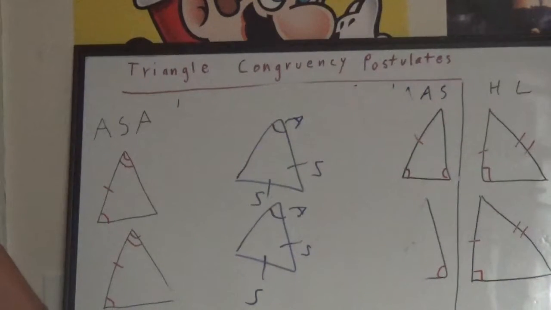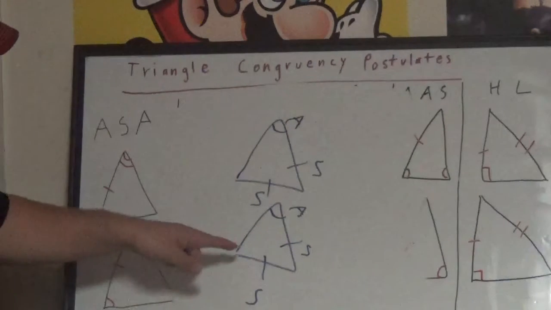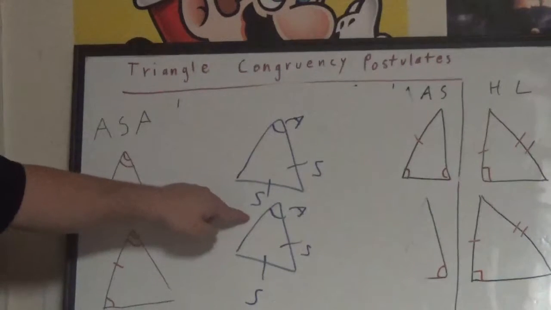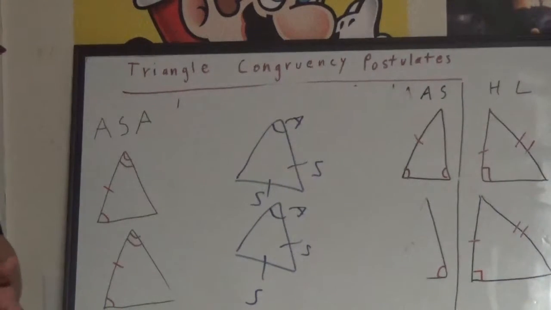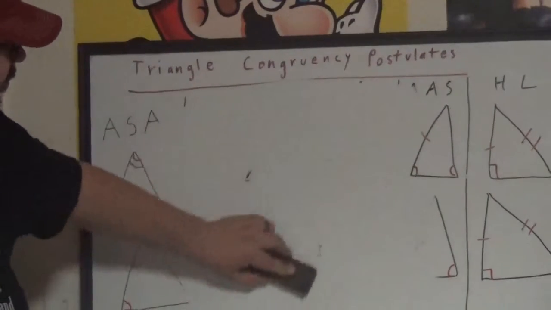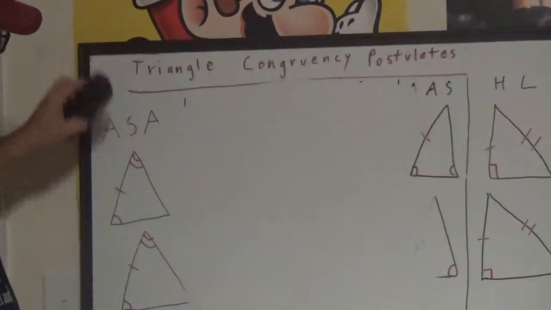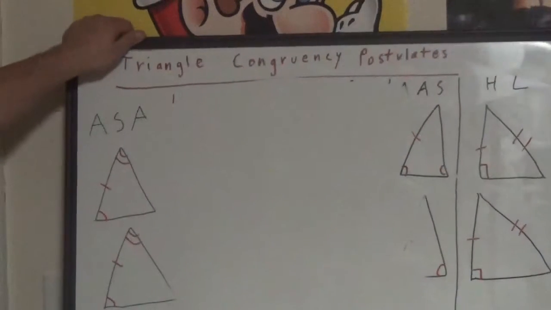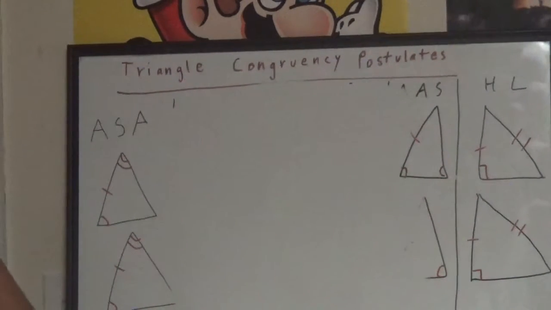And the last of the five postulates, SAS, has two sides and an angle, but it has to be side, angle, and then a side. Order matters. So not only do you need three pieces of information, you need the appropriate three pieces of information. If you don't have it, you're going to have not congruent.